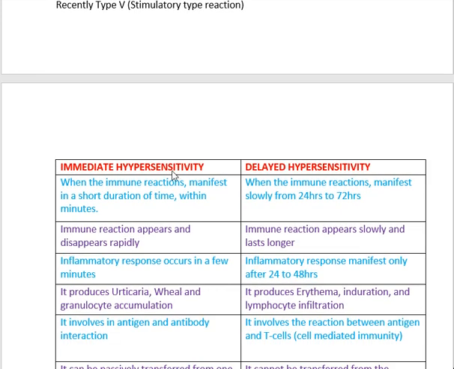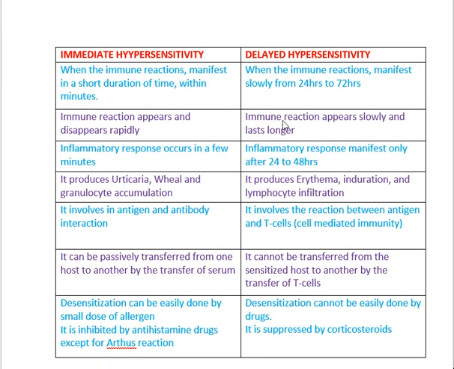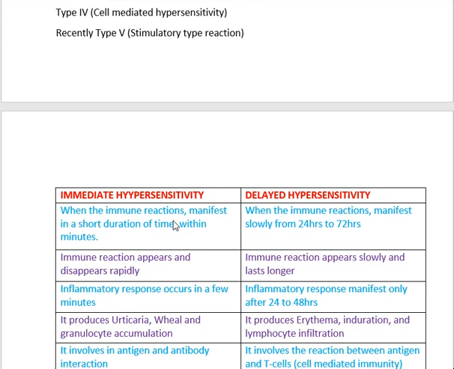Coming to the immediate type and the delayed type of hypersensitivity, here I have mentioned some differences. Let's have a quick look at these points, and then we will move to the types of hypersensitivity. As I told you, the immediate hypersensitivity manifests in a short duration of time, within minutes.